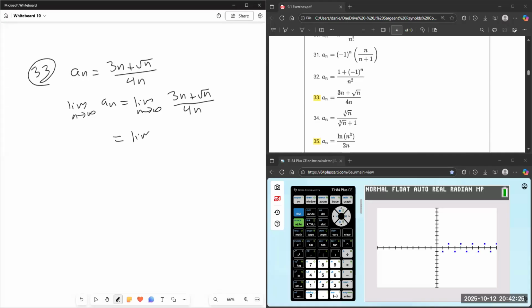Limit as n goes to infinity of 3 plus n to the negative 1/2 over 4 equals 3 plus 0 over 4 equals 3/4. So that converges because it has a finite limit. Let's look at 35.